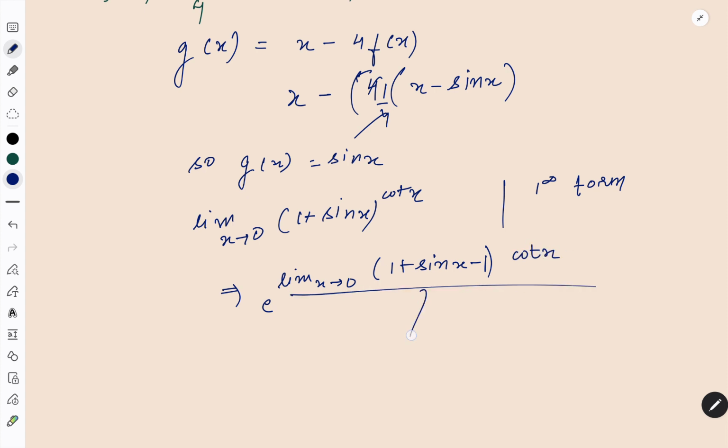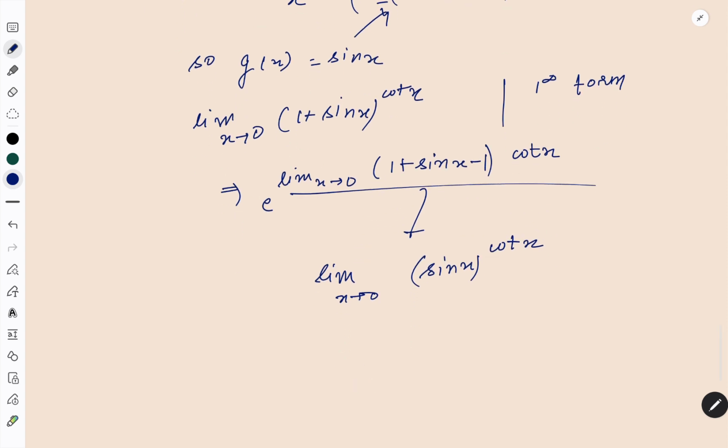So sine x times cot x, which comes out to be cos x, and cos 0 is 1. Therefore our answer is e to the power cos 0, which is equal to e to the power 1.